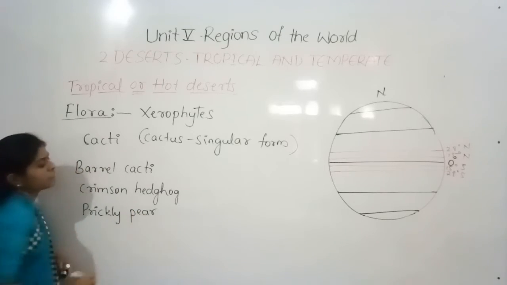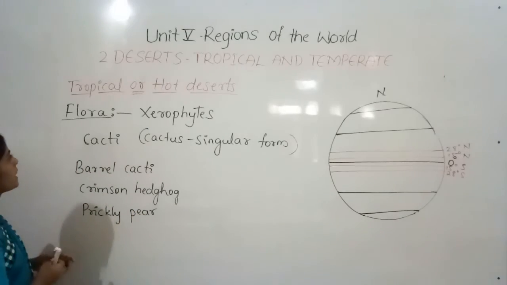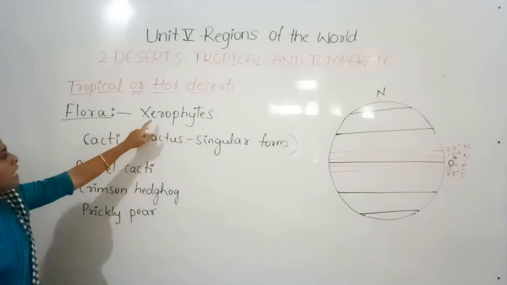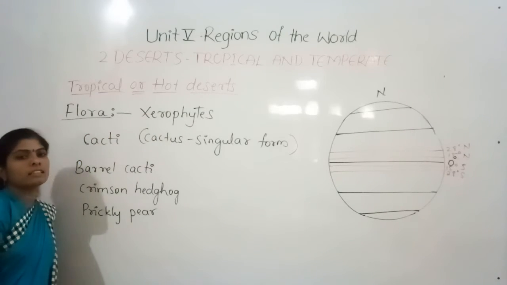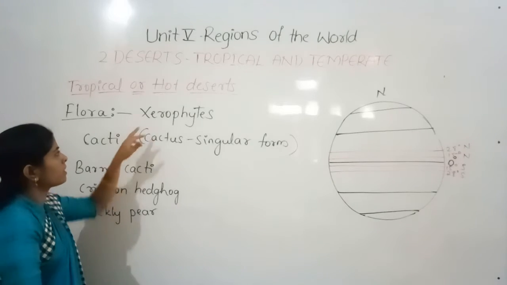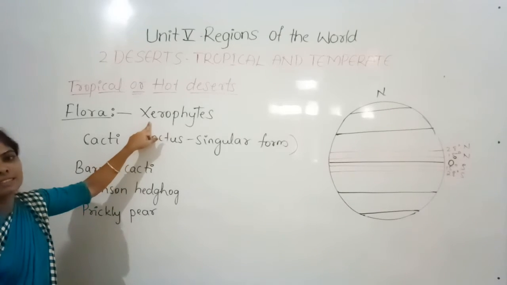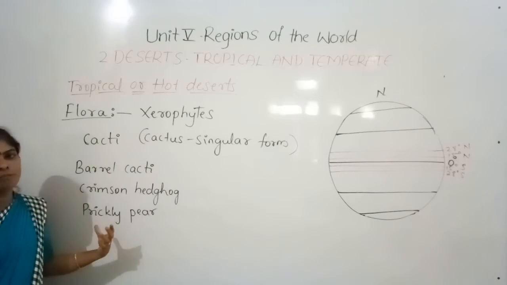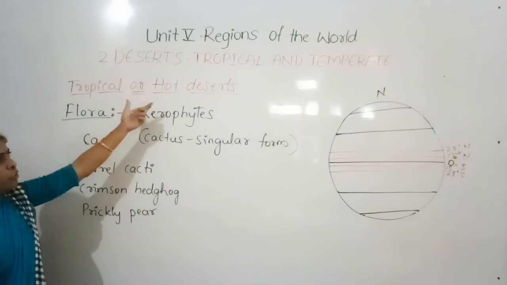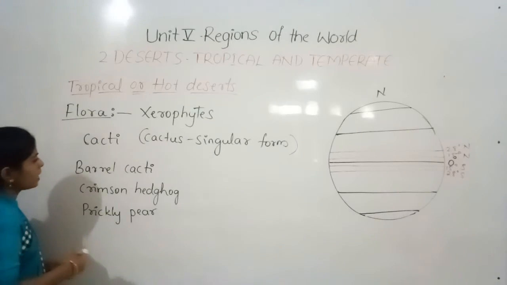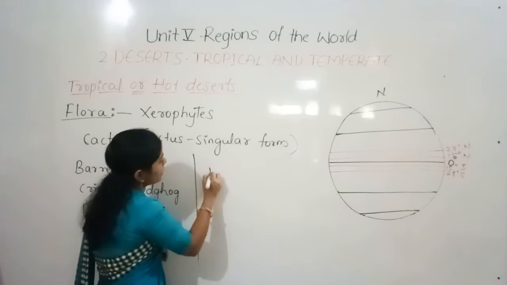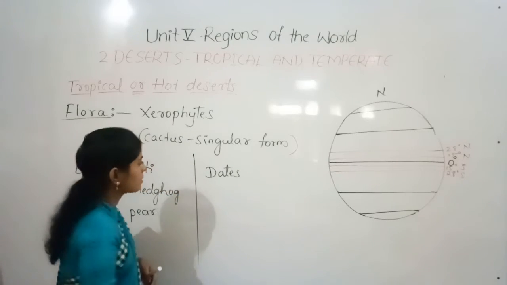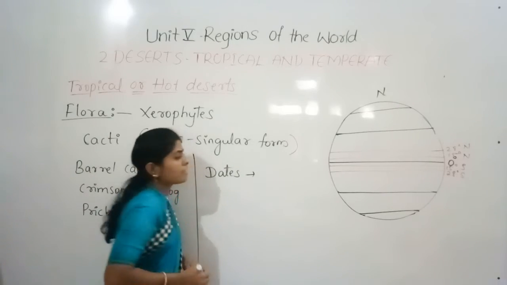These are some kinds of plants we can see in the tropical or hot deserts, and the plants growing in the hot and arid regions are called xerophytes. We can also see some date plants.